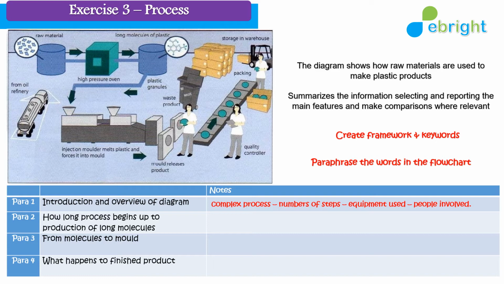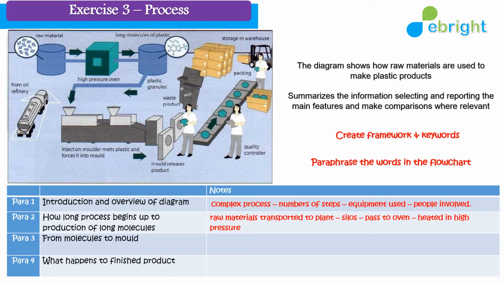As for paragraph 2, let's make some keywords and notes. Raw materials, of course, are transported to the plant or factory. They come to the silo and then pass to the oven, heated at high pressure. You can use those keywords to help you write more and elaborate more.